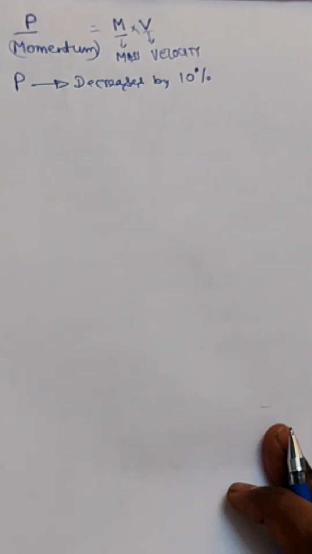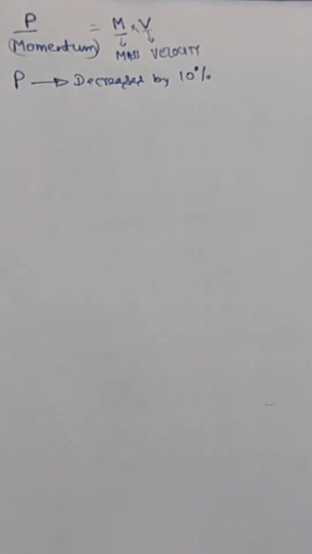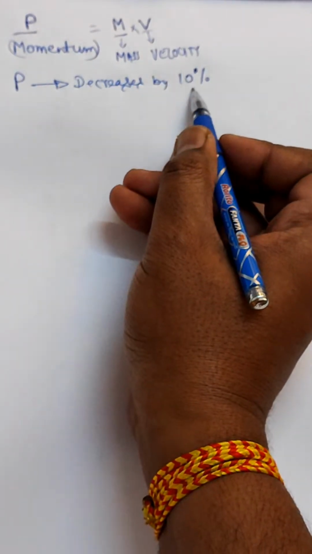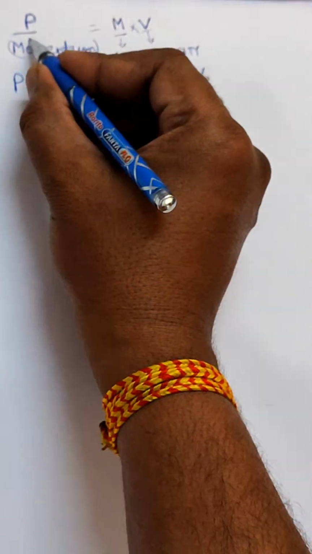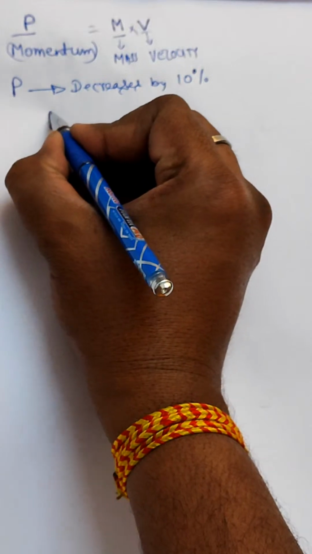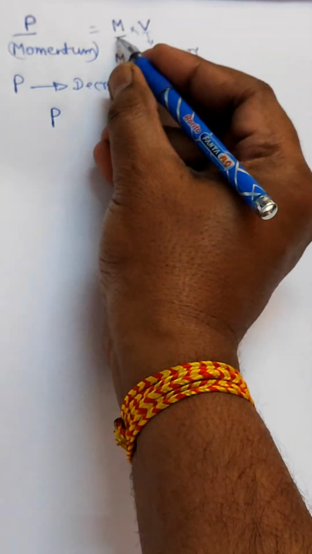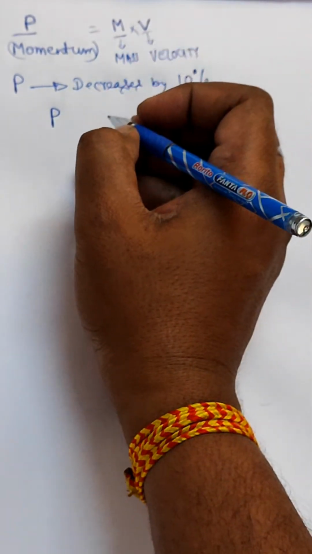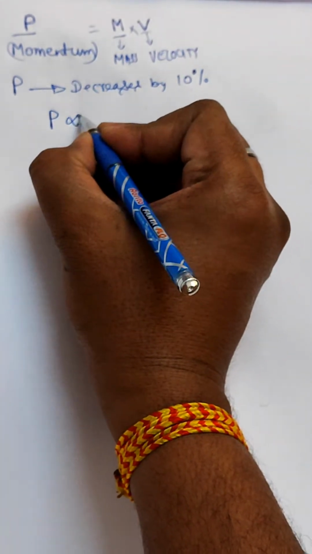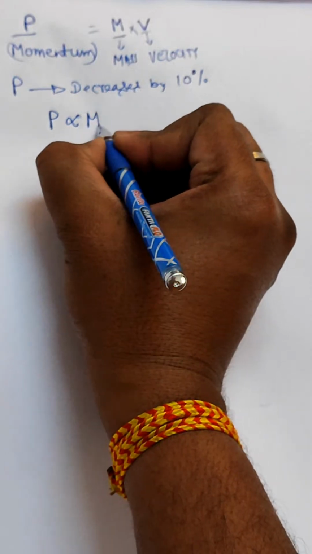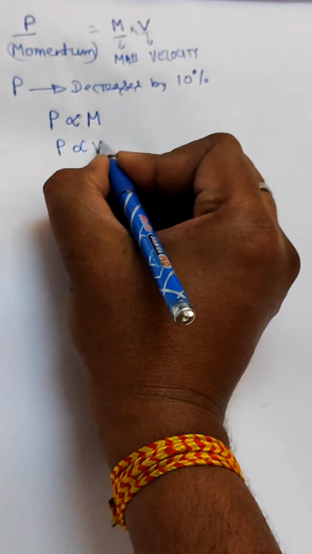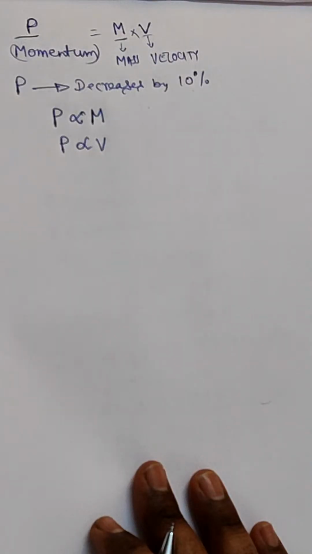Then P decreases by 10%. We know by the formula that momentum is the product of mass and velocity, so momentum is directly proportional to mass and momentum is directly proportional to velocity, right?